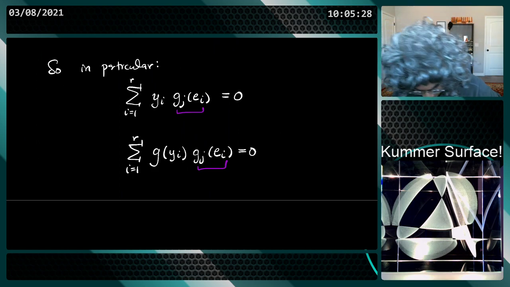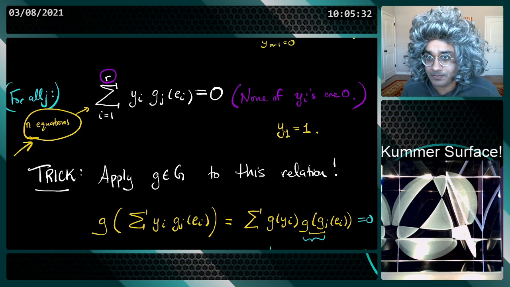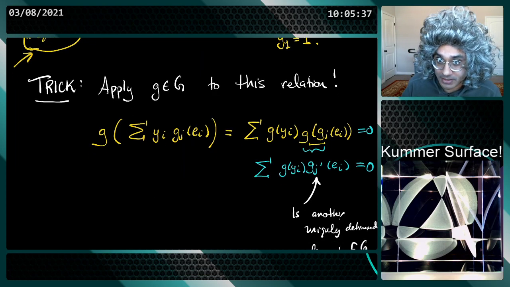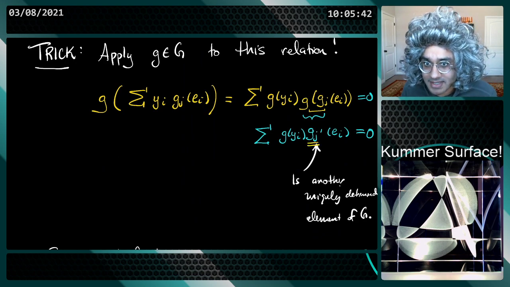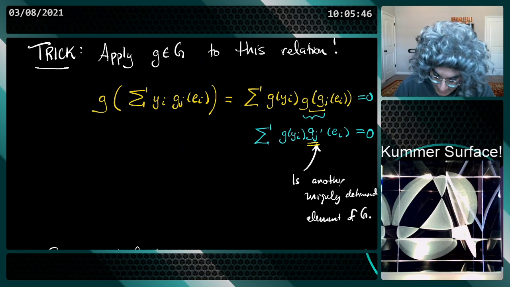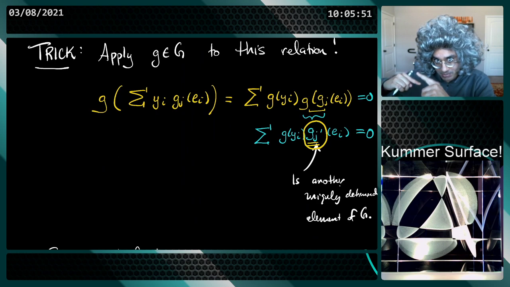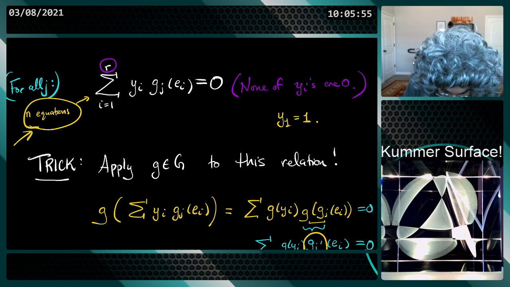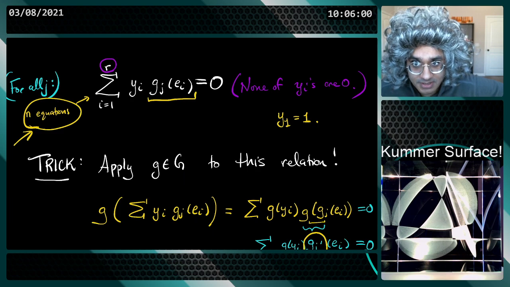Let me say it this way. If you write these n equations down, and then for each one of them apply g to it, for each j you'll get a g of j prime in this entry right here. It'll just be a scrambling of the previous order in which these n equations were listed.